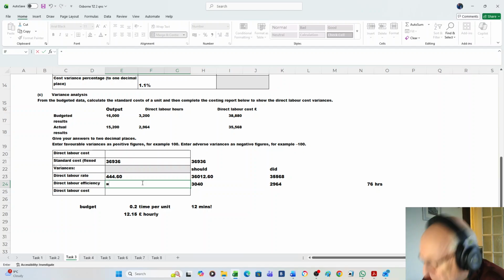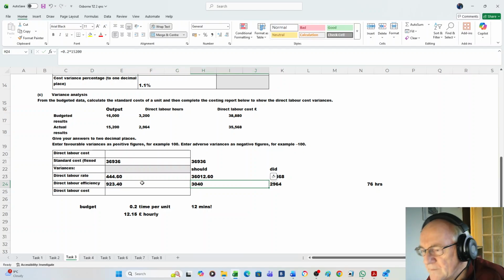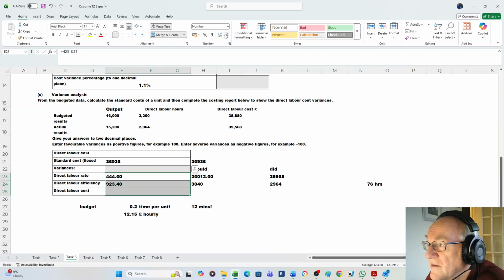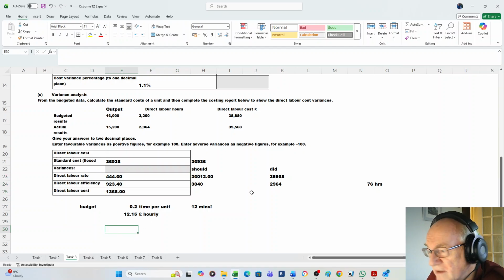Okay, so we need 76 times the standard cost, the budget. So 923.40. Add those two together, they're both favourable. I just did a cheat here, obviously can't do that in the exam, and that gives us our direct labour cost.